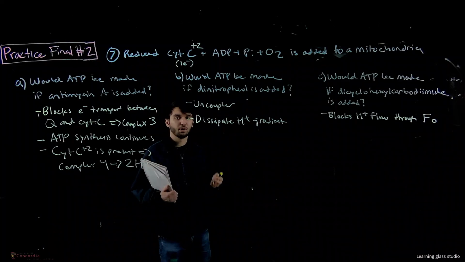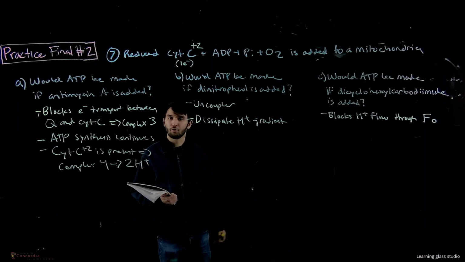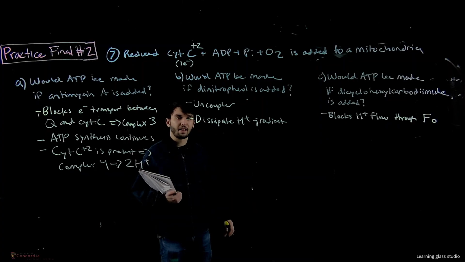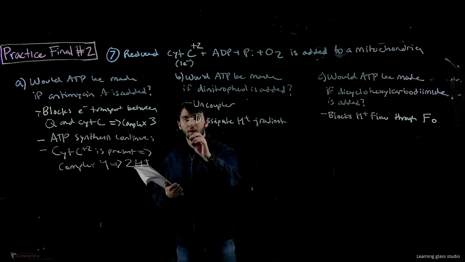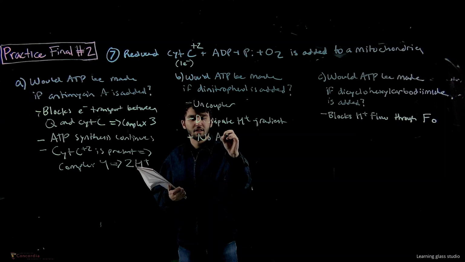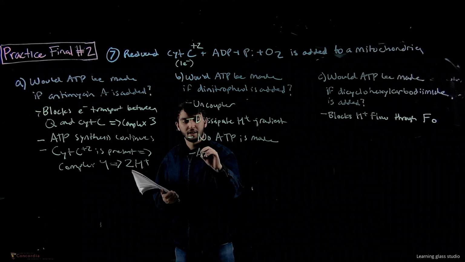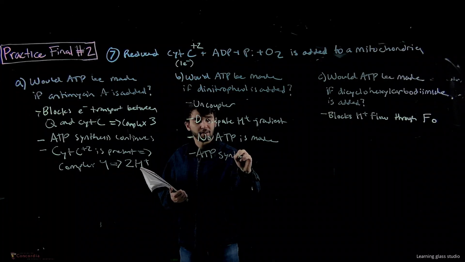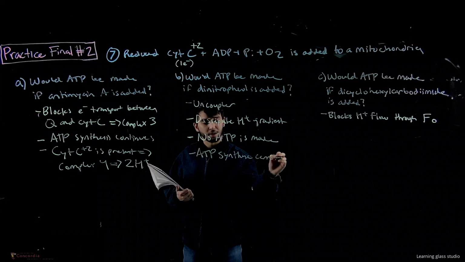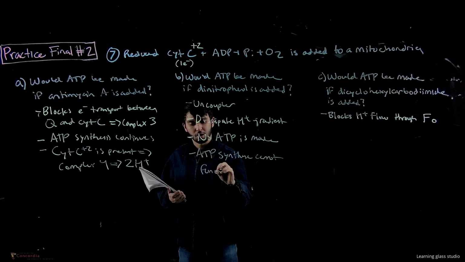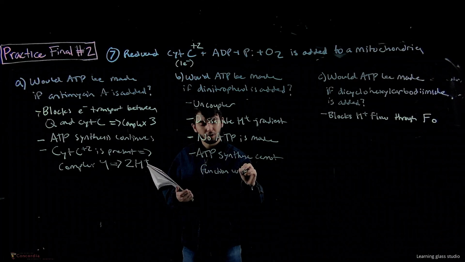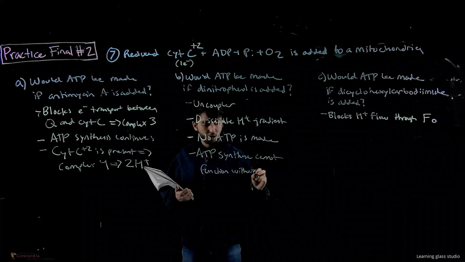So any gradient built up by the electron transport chain, the uncoupler gets rid of it. So no ATP is made. Why? ATP synthase cannot function without an H plus gradient.